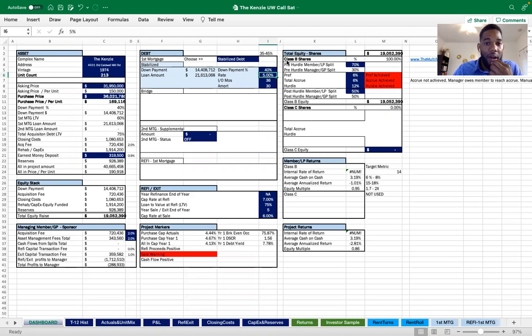For a property this size, why don't we just go 5.5 on the rate? We'll do 3 years of interest only and a 30-year amortization. And then on the hold, let's go ahead and do 5 years.